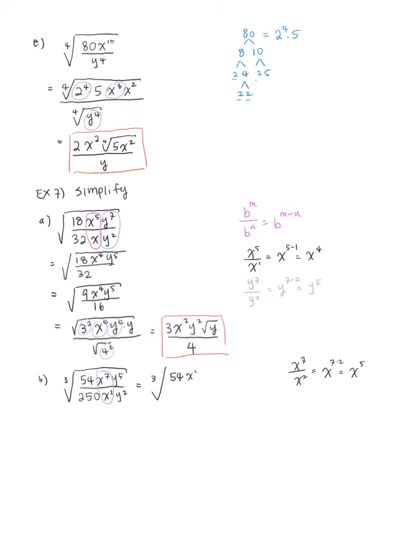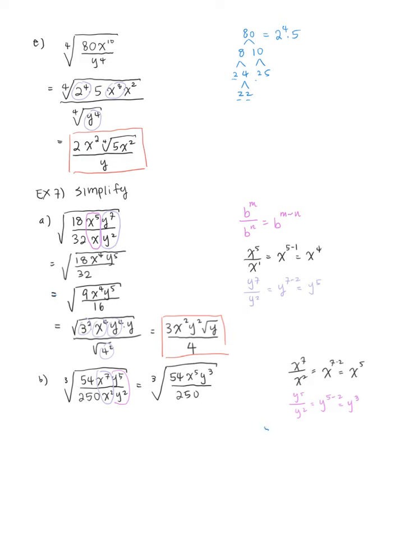So x to the 5th, and then let's look at the y's. So we have y to the 5th over y squared. So here we're going to have y to the 5 minus 2, which is y to the 3rd. So we're going to have y to the 3rd. Now, whole thing dividing by 250.